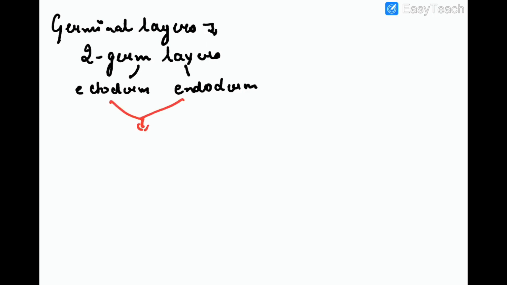Now the third basis of classification is germ layers. So if an organism develops from two germ layers that are ectoderm and endoderm, then that organism is known as diploblastic organism.